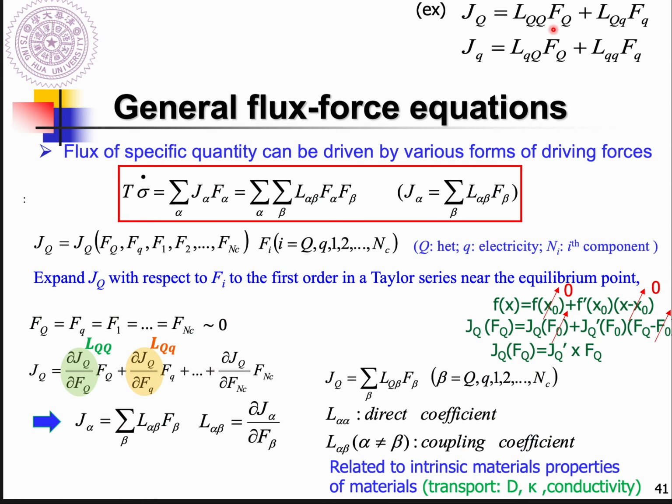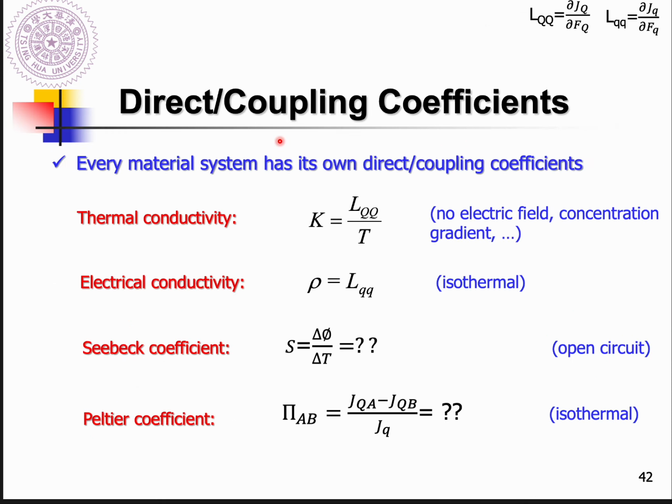Okay, and just to remind you, as long as two driving forces coexist on your material, you need to know how to write down the heat flux and the current density. Based on the previous slide, we know the direct and coupling coefficients are highly related to material properties, especially transport, the material properties related to transport resistance, right?